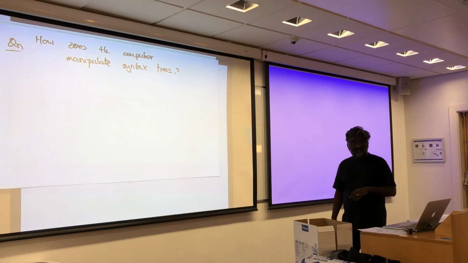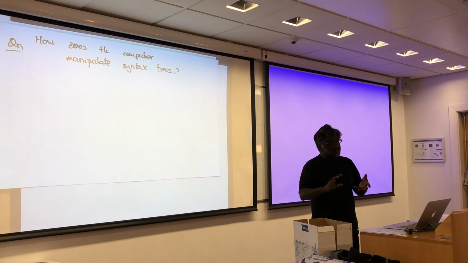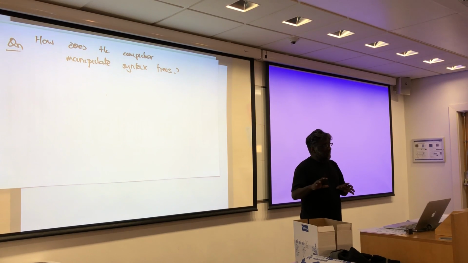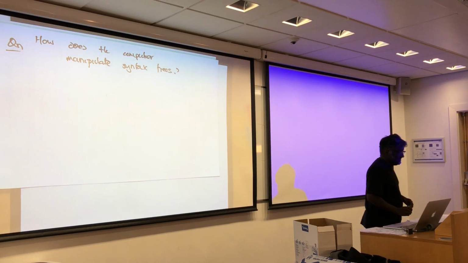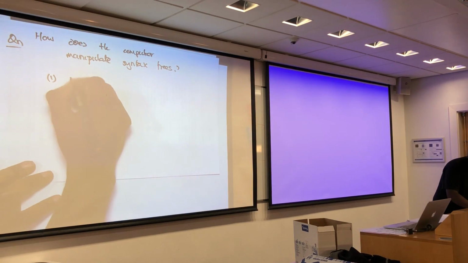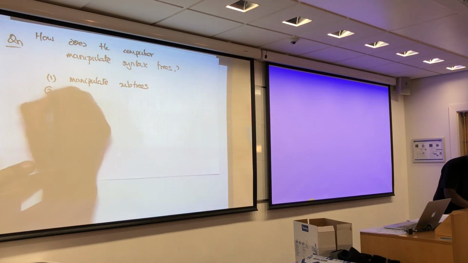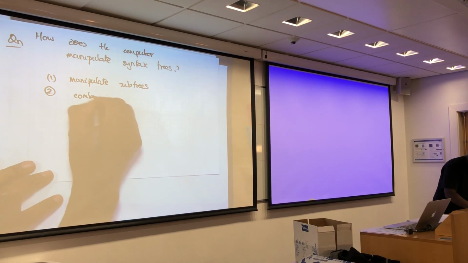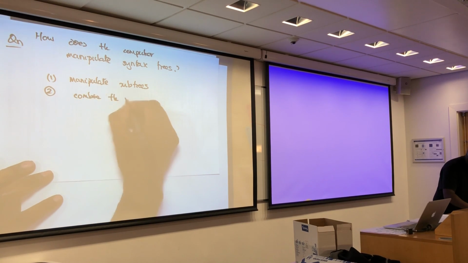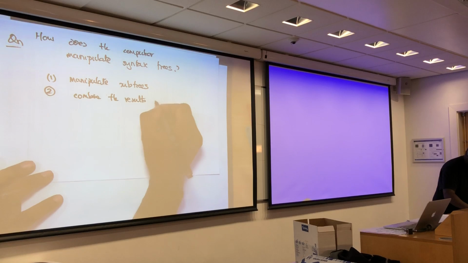And it's basically, there are variants and it can become more sophisticated, but basically it's by the following process. 1, manipulate the subtrees, and 2, combine the results into the overall answer.